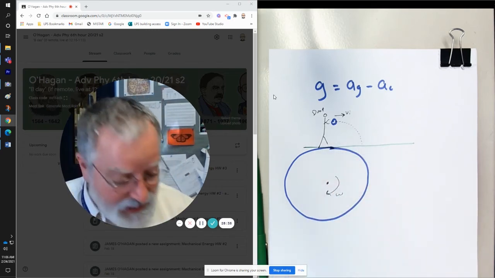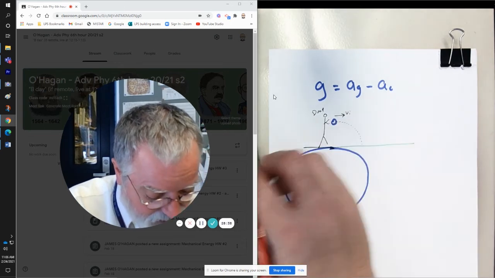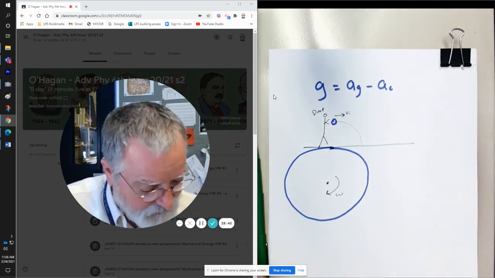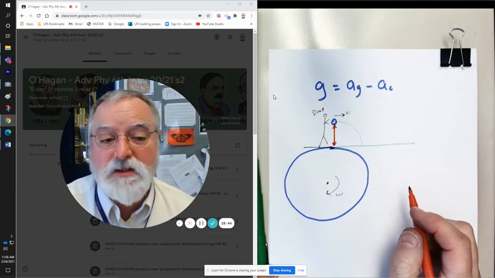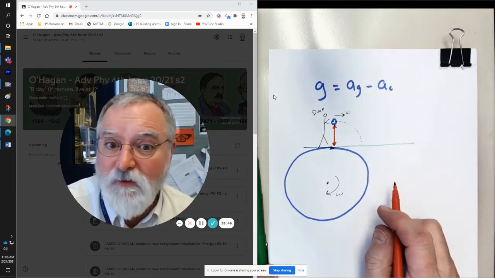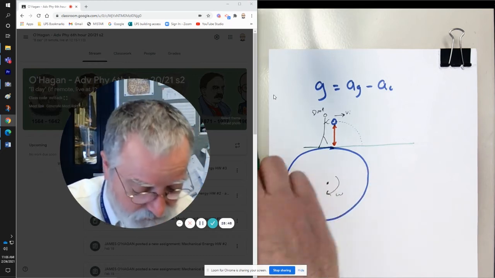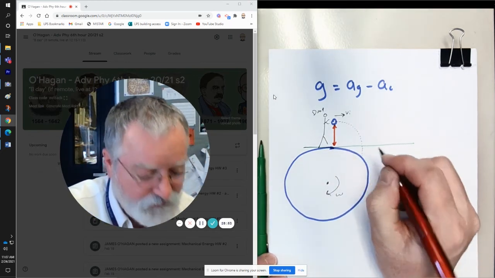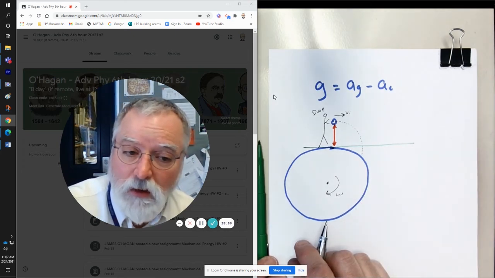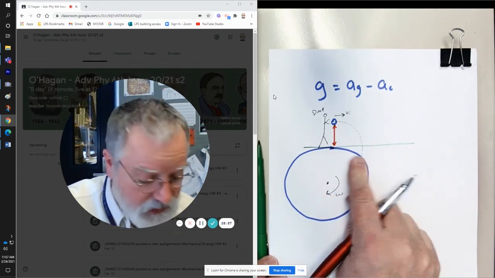Now I think the distance to the ground is this. Here's what I think. I measure that as the distance to the ground. But how far does this actually fall? It doesn't fall that distance. It actually has to fall more. It falls a greater distance because the Earth is spinning.